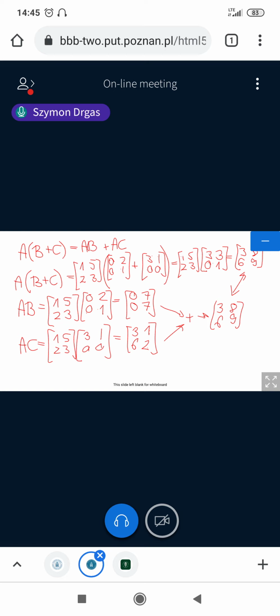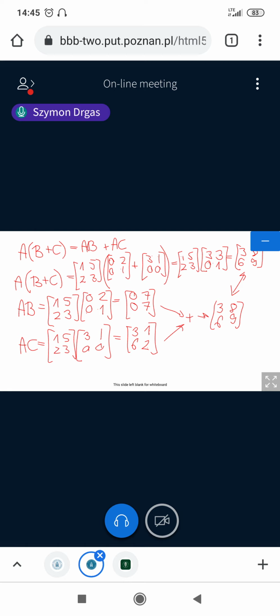So that's how we have shown that at least in this case this distributive law works, but actually it works for all matrices with dimensions that are suitable for computations.